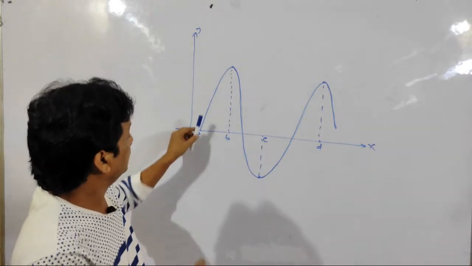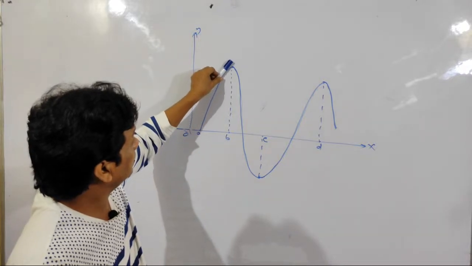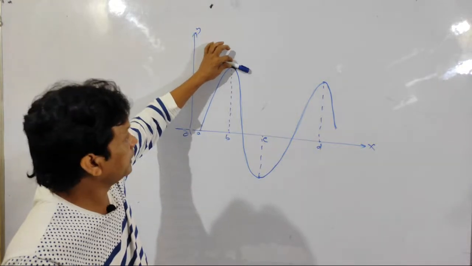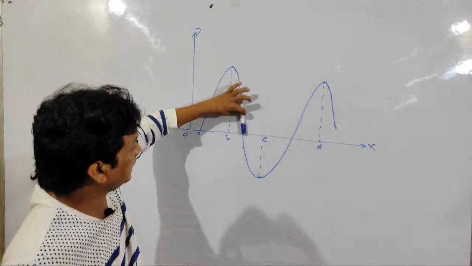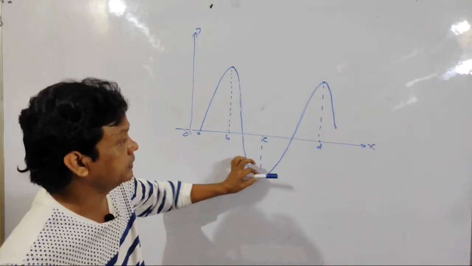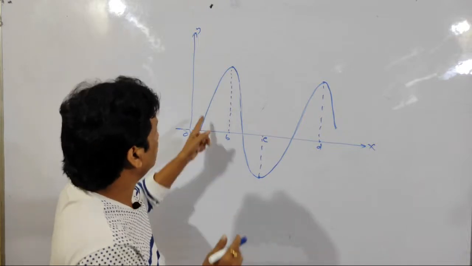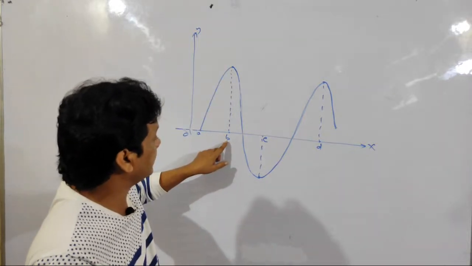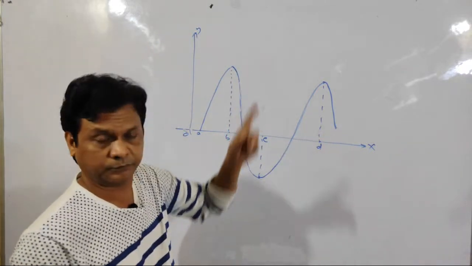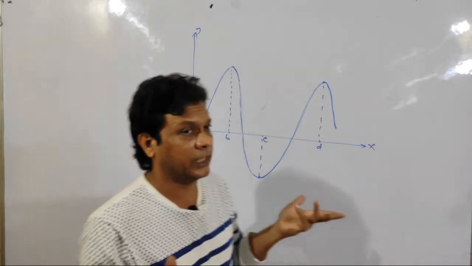Here the tangent is going like this, and at this point the tangent is parallel to x-axis. Again the tangent is going like this, and at this point the tangent is parallel to x-axis. Similarly, in the normal case it is already known to you, at x equal to b, the curve attains maximum, and at x equal to c, the curve attains minimum. That means at maxima and minima, the tangent is parallel to x-axis.